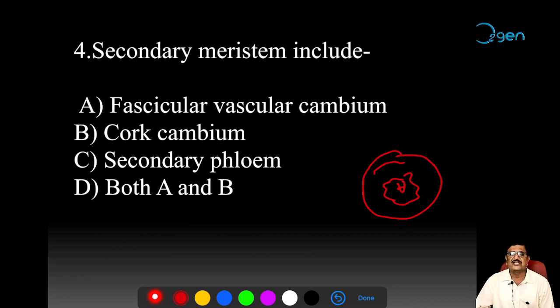These are the two secondary meristematic tissues which have the ability to produce new tissues. So here option D is correct.